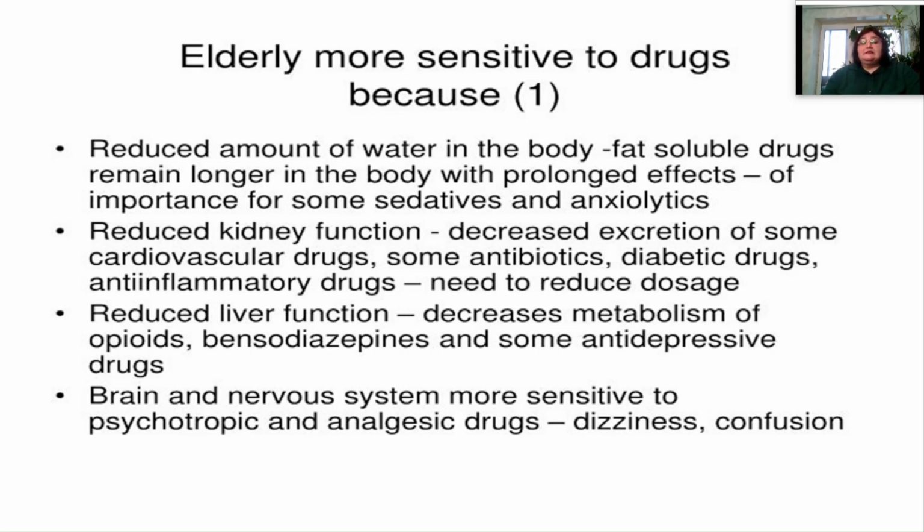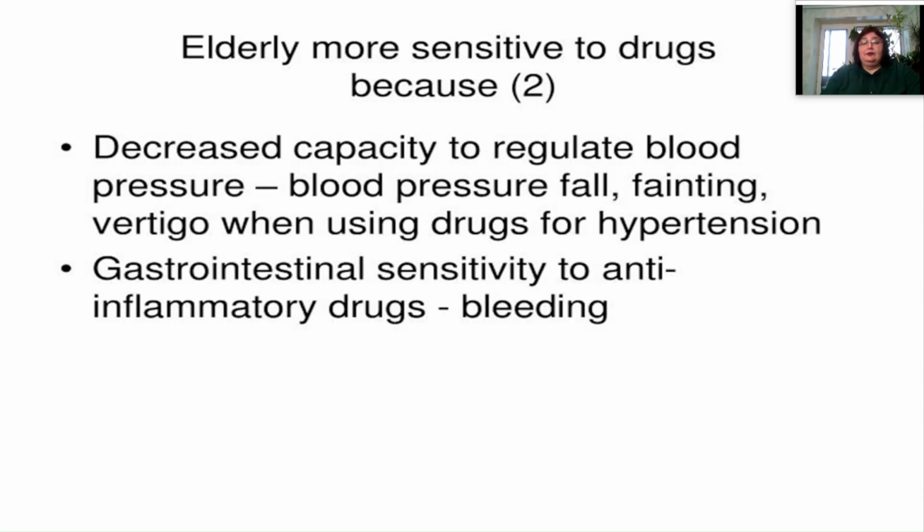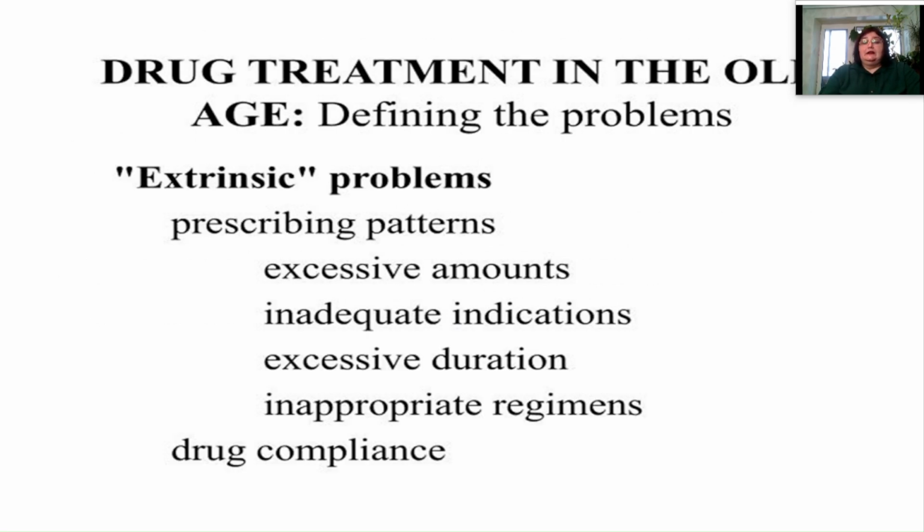The brain and nervous system are more sensitive to psychotropic and analgesic drugs, causing dizziness and confusion. Decreased capacity to regulate blood pressure can cause falls, fainting and vertigo when using drugs for hypertension. Gastrointestinal sensitivity to anti-inflammatory drugs can be a reason for bleeding.